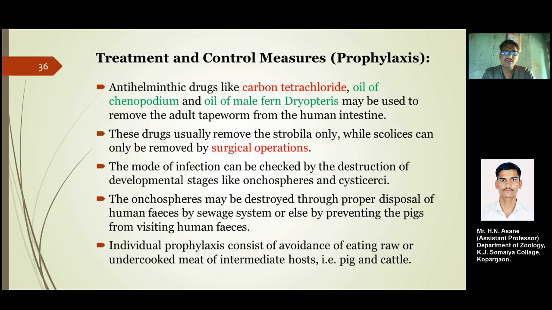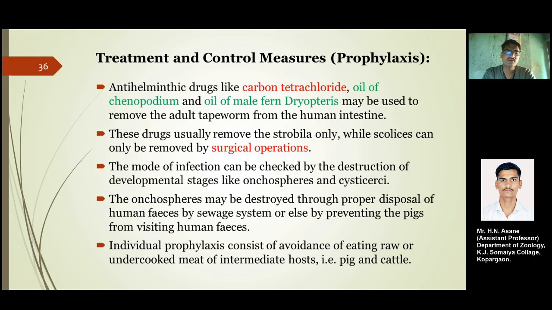Then if a person eats that pig and it is not well cooked, there are chances of getting the infection. That's why pigs should be protected and controlled from visiting sewages or drainages.